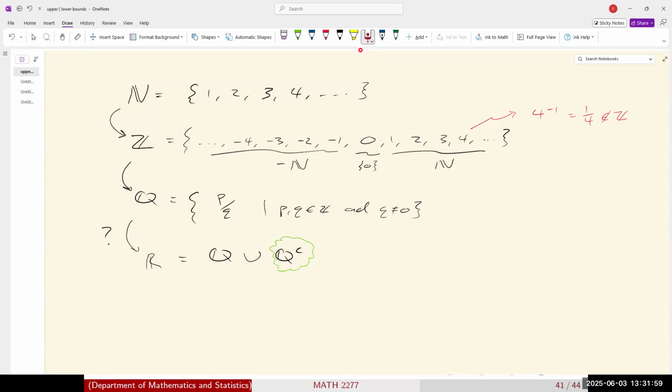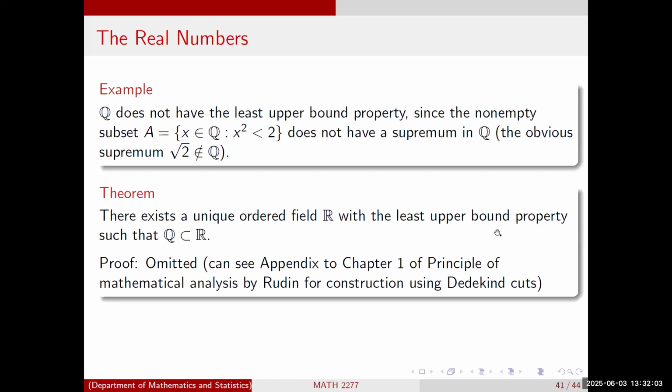It allows the real numbers to have the LUB, or least upper bound property, right? If you want to know how it's done, you could have a look at this. I do not recommend it, but if you're curious, you can have a look. You're of course not going to be tested on that. That's well beyond this course.